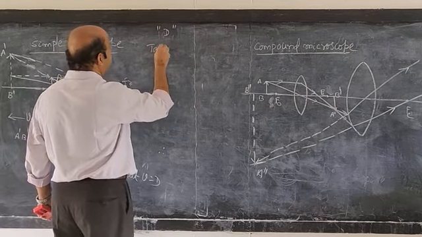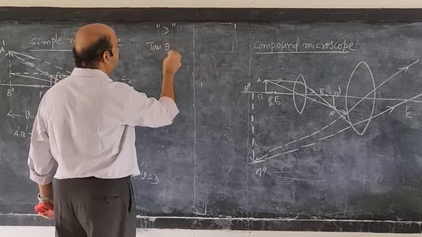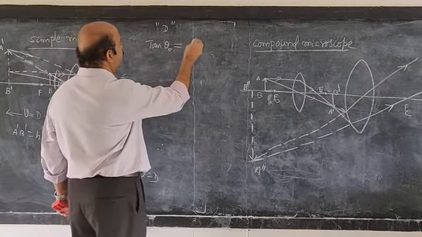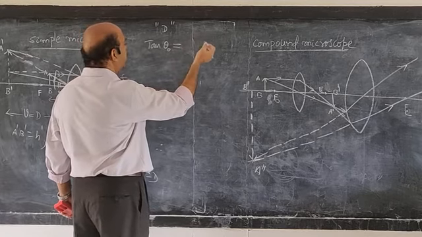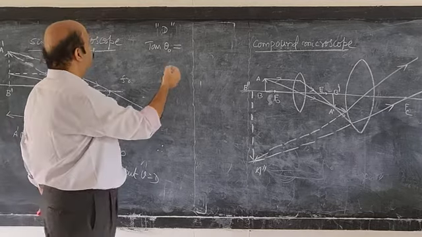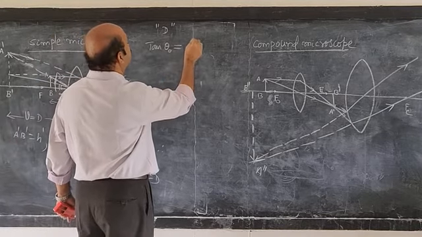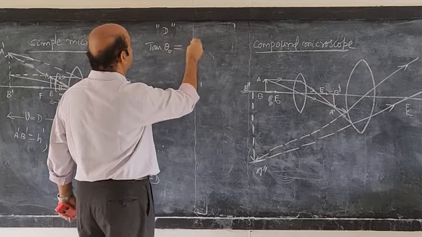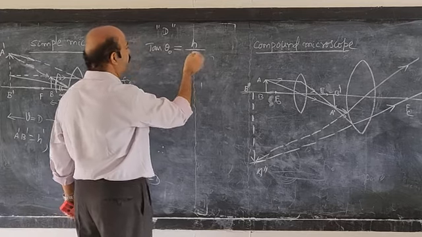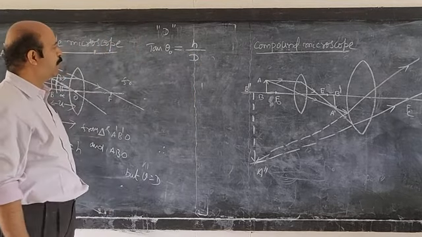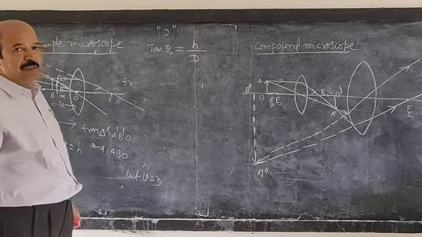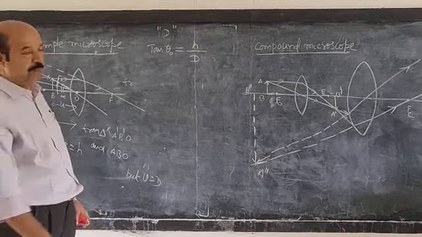Therefore, consider the tangent of the angle the object makes when it is at the least distance of distinct vision. Let us suppose h is the size of the object, and the minimum distance you have kept it at is d from the lens. So h by d is the tangent of the angle made by the object at the eye.